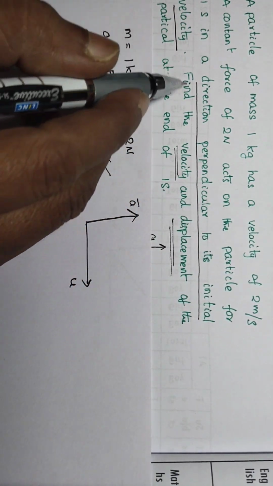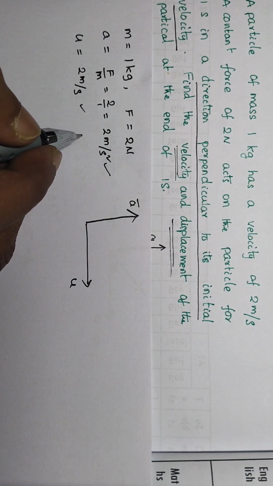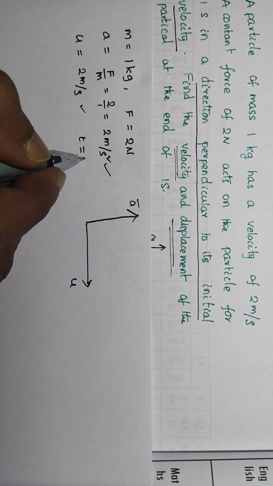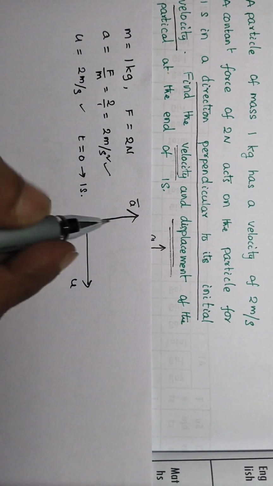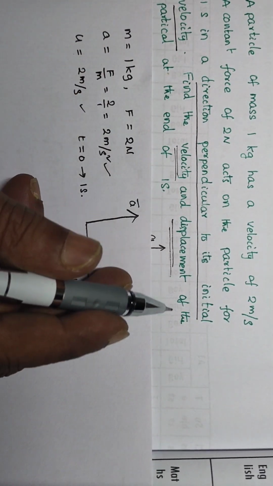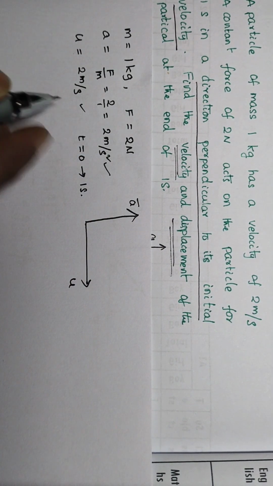The particle acts for 1 second. Time interval t is from 0 to 1 second, right? Find the velocity and displacement of the particle at the end of 1 second.